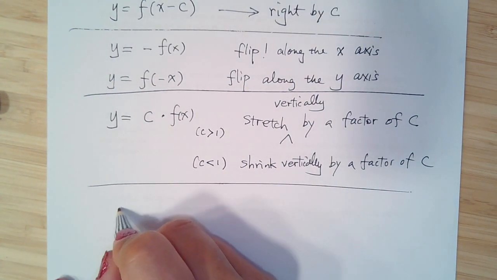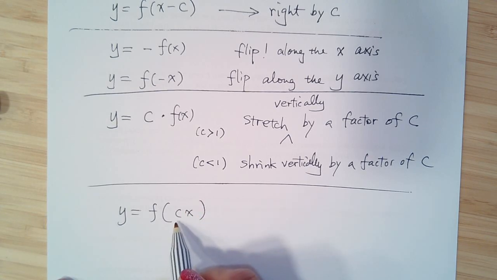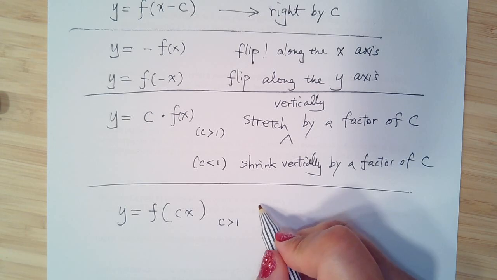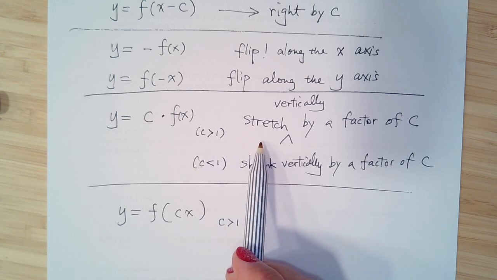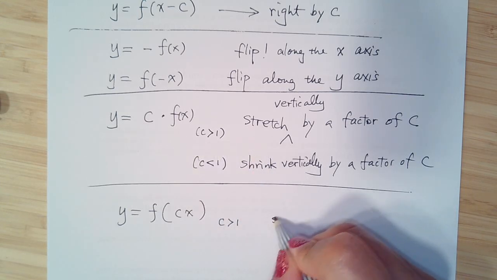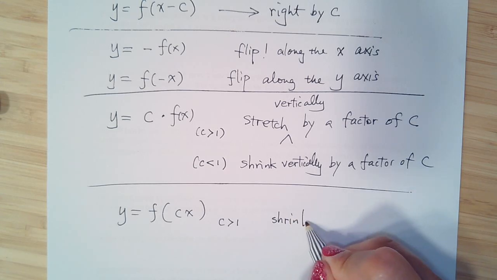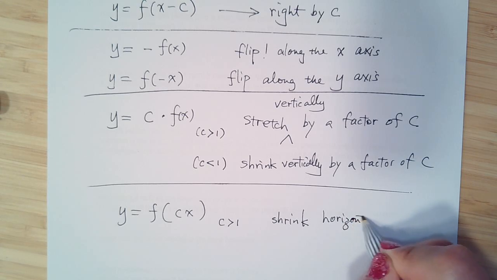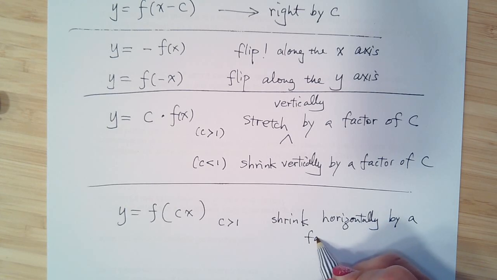So if we have y equals f of cx, there's a number before that, and we have c greater than 1, then remember, the changes in x and y are quite opposite. So this one with c greater than 1, we're going to shrink horizontally by a factor of what?